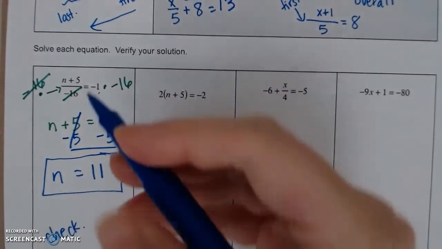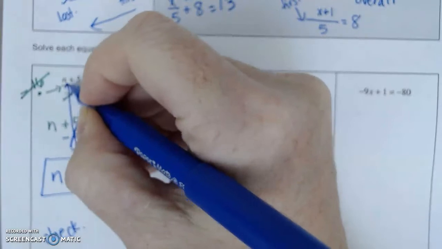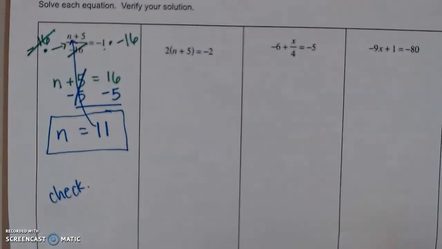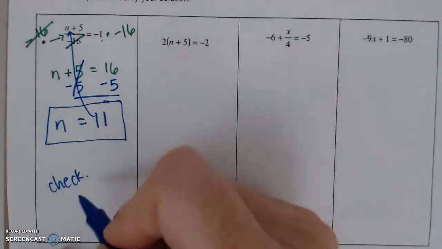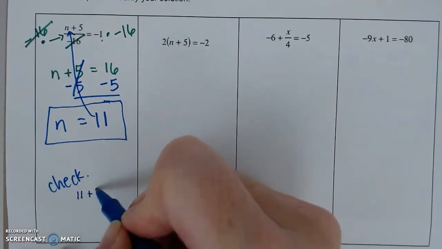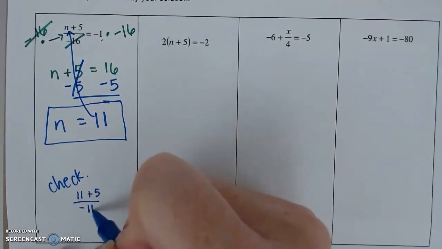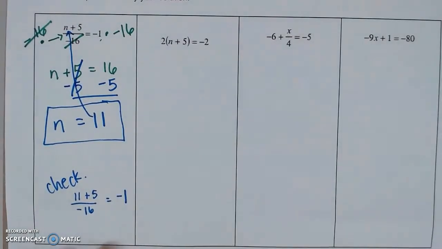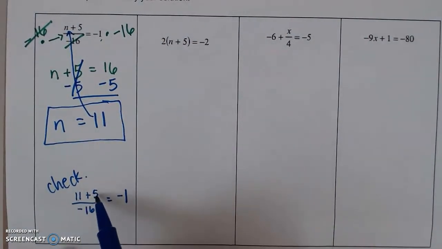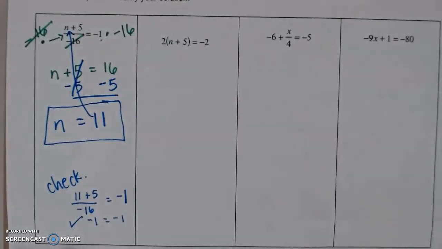You take that 11 and substitute it into the original equation to see if it's true. Does 11 plus 5 divided by -16 give you -1? Well, 11 plus 5 is 16. 16 divided by -16 is -1. And so that's true, so we know we had the right solution.